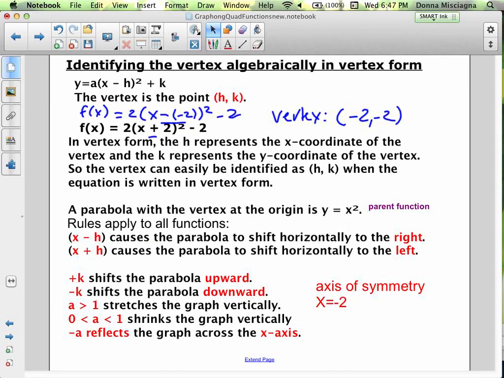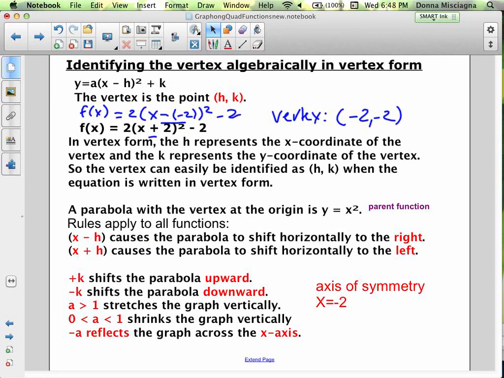These rules apply to all functions. We'll talk about them now with the vertex form of our quadratic equations, and then we'll use them more in graphs to come in the future. So the rules apply to all functions, not just parabolas, although I'm talking about parabolas right here. So we have an x minus h.